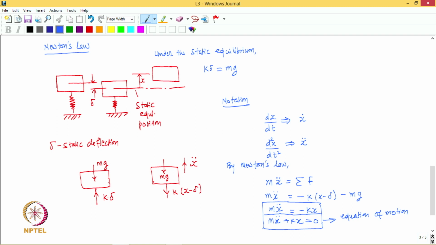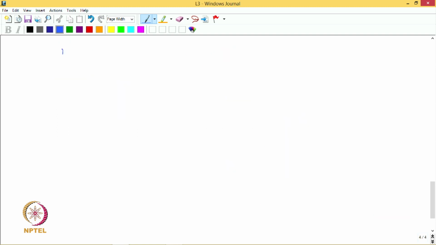One thing we should see here is that the equation is m x double dot equal to minus kx, and what does it represent? It represents simple harmonic motion, which basically means that the acceleration is proportional to displacement, as is the case for this system, and it is in the opposite direction.